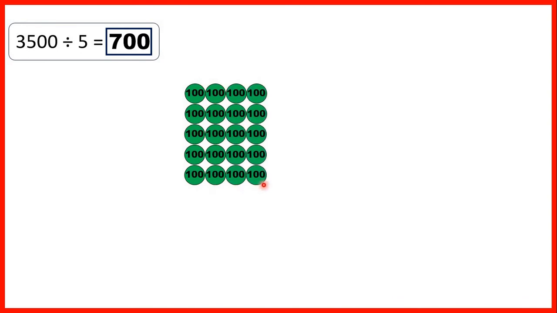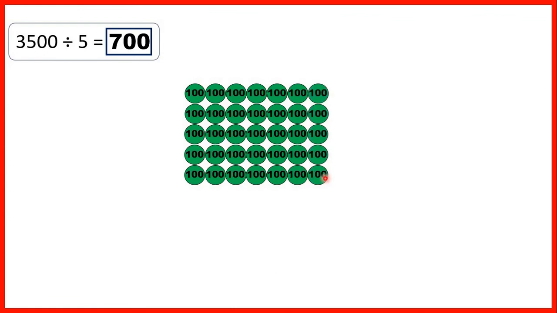That's 500, 1,000, 1,500, 2,000, 2,500, 3,000, 3,500. So we have a total of 3,500, but you can see in each of our 5 lines we have 700 counters, so that's why our answer is 700.